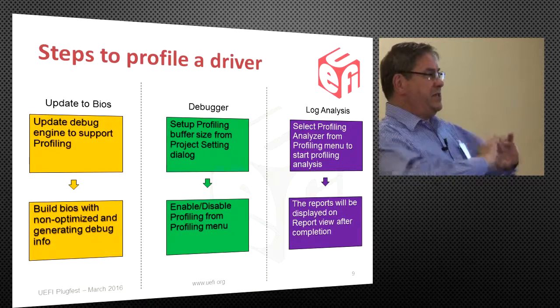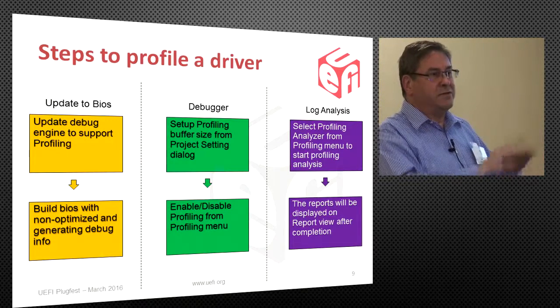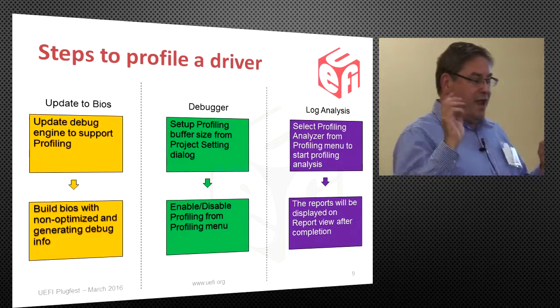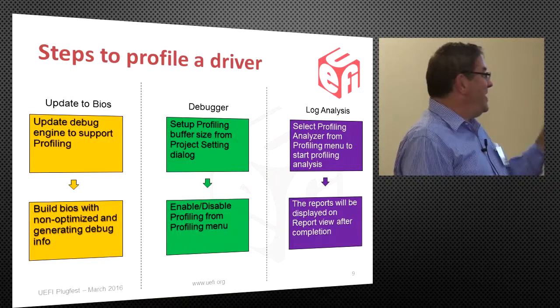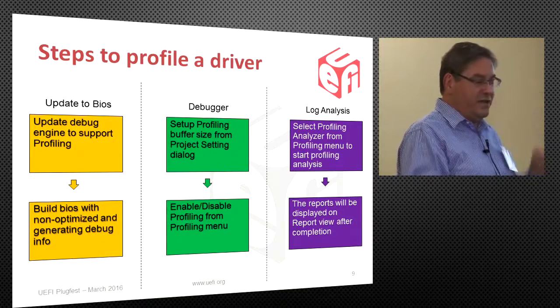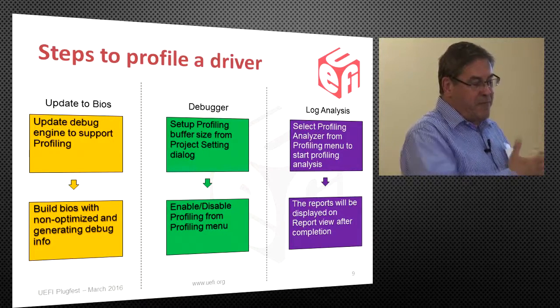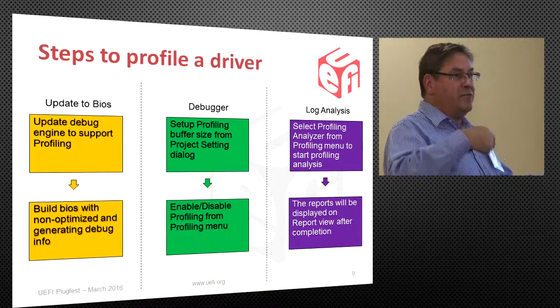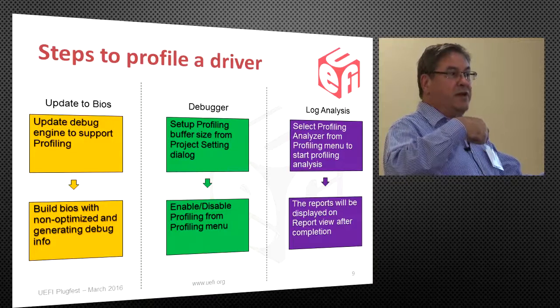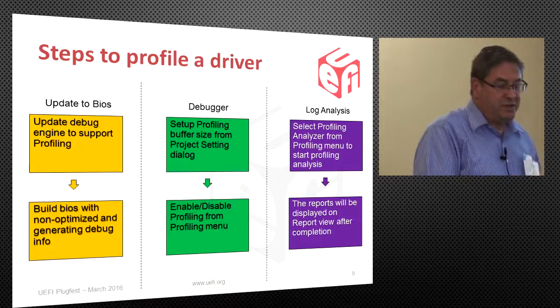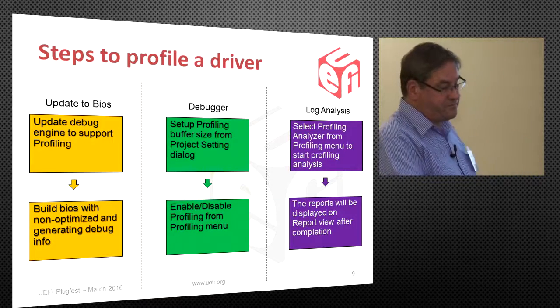All of this information gets put into the PDB files, one of the output files from the compiler. We end up knowing where the C code line numbers correspond to the assembly language instructions that are being executed.